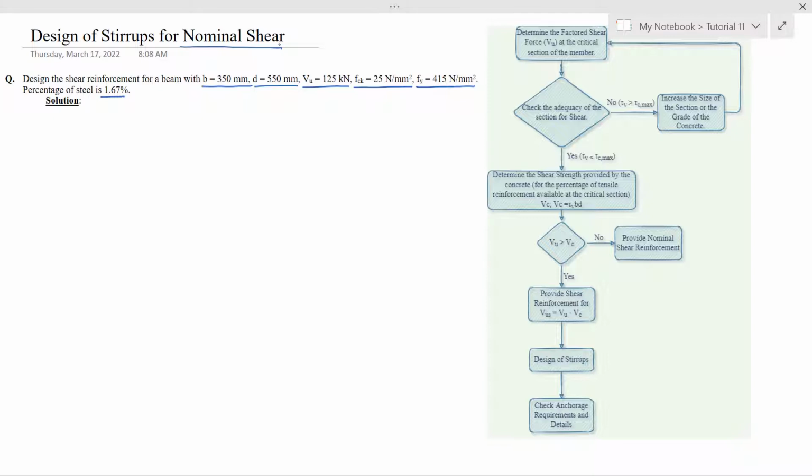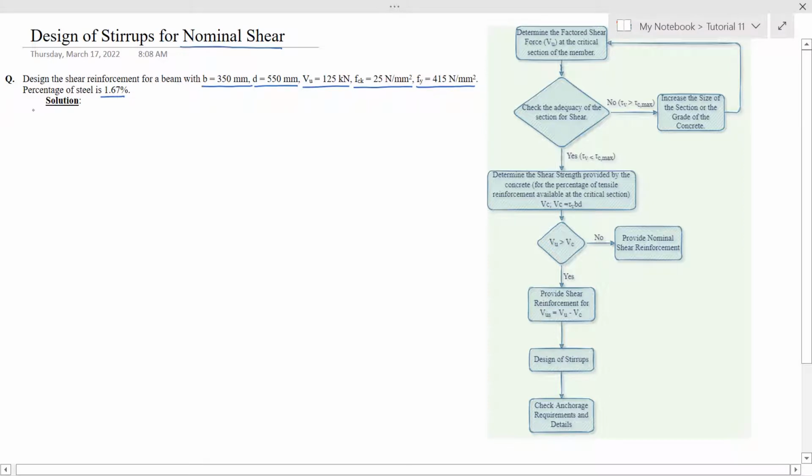In the first step, let us calculate the nominal shear stress that is acting on our beam here. We are already given the factored shear force and the dimensions of our beam. So the value of nominal shear stress, which is given as tau v, is determined by dividing the factored shear force by the product of b and d.